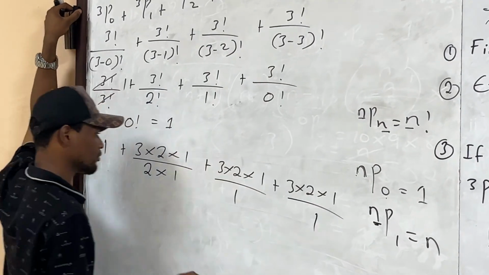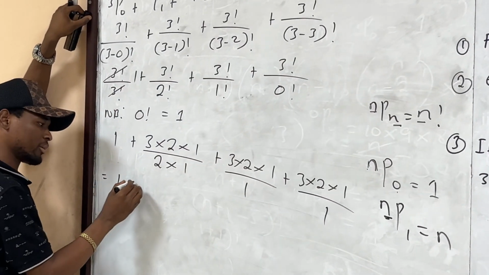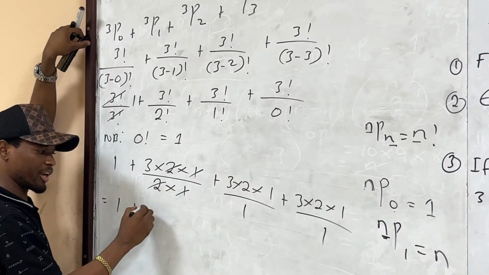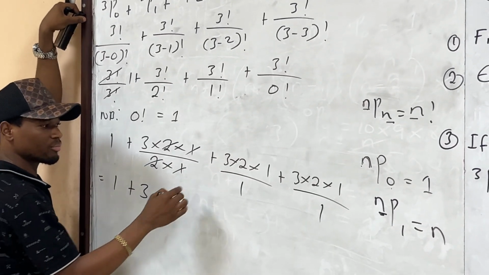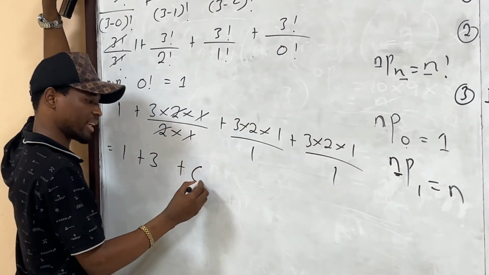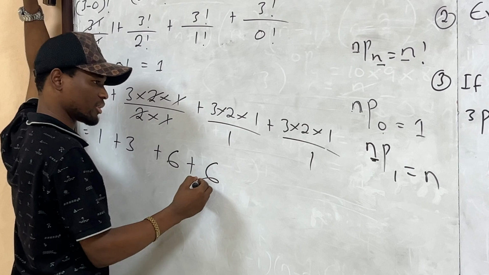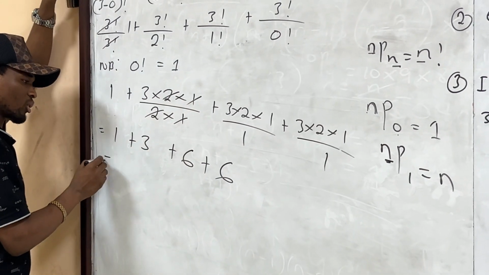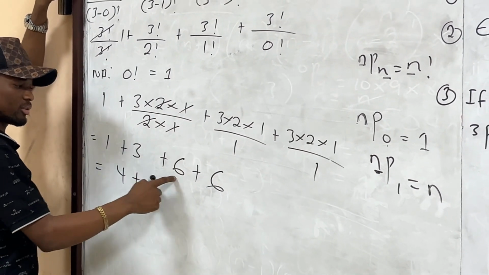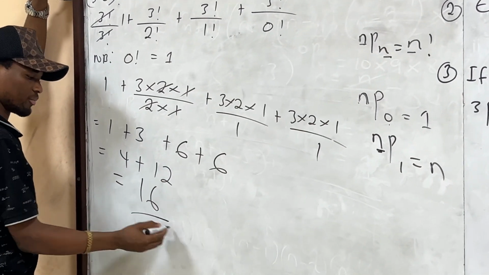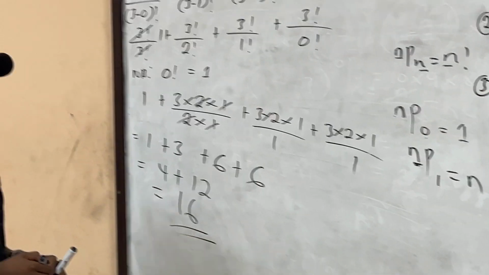So therefore I have 1, then 2 cancels 2, 1 cancels 1. So I have 3 here, then plus 3 times 2 times 1 gives 6, then plus 3 times 2 times 1 gives 6 over here, which is equal to 4 plus 12, which is equal to 16. As simple as that.